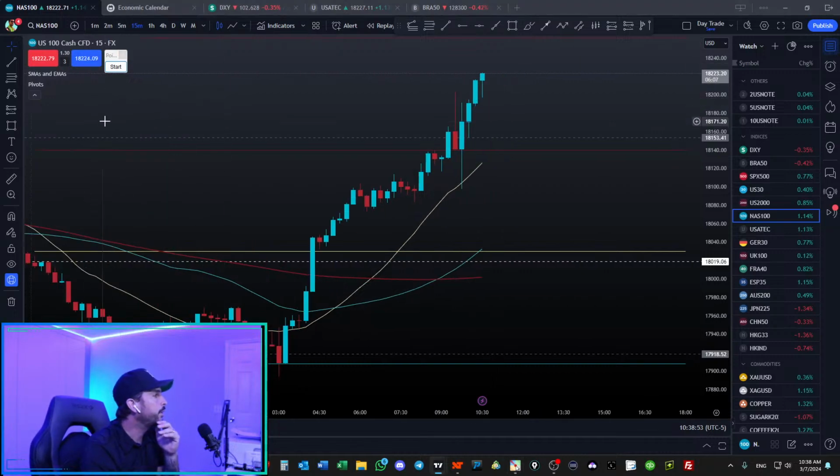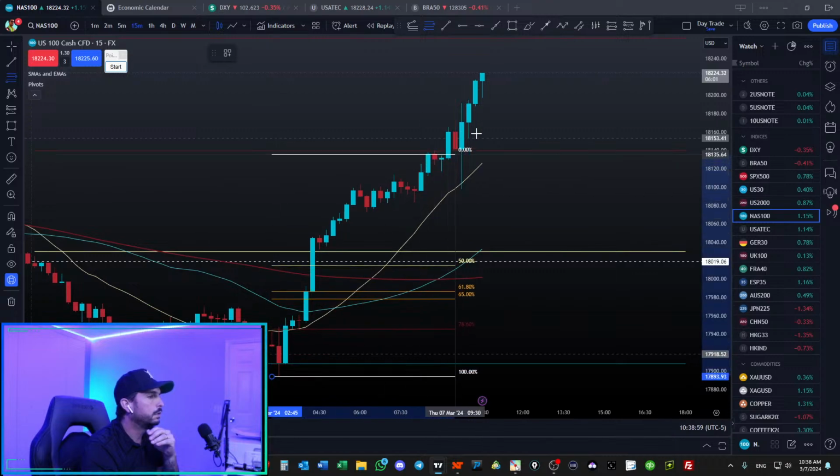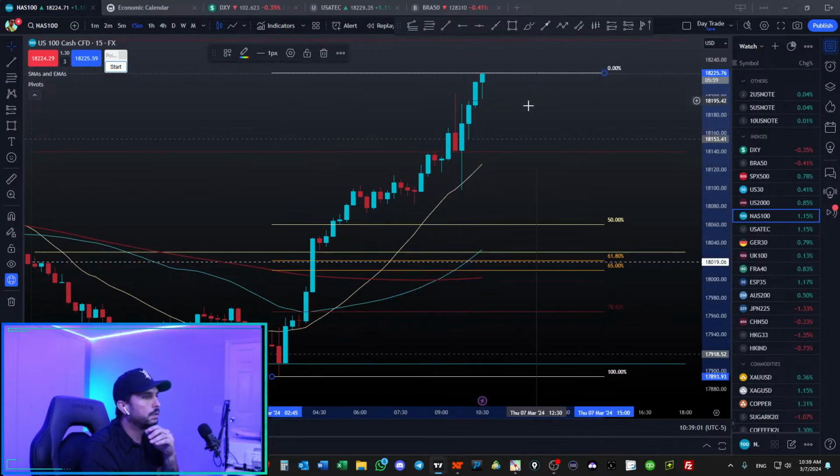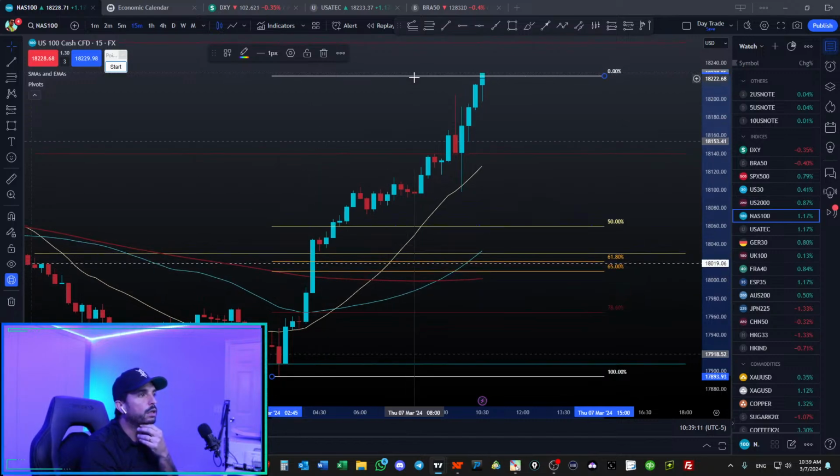If it stops there, at the golden pocket, it's all the way back to the 200 on the 15-minute, which is the opening. If it stops, it's not going to change much anyway.